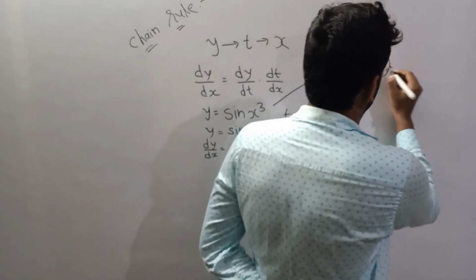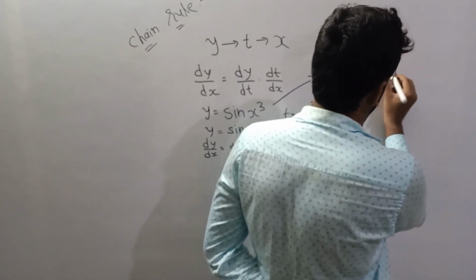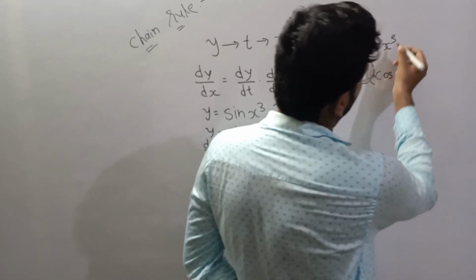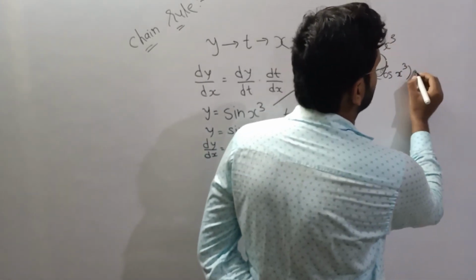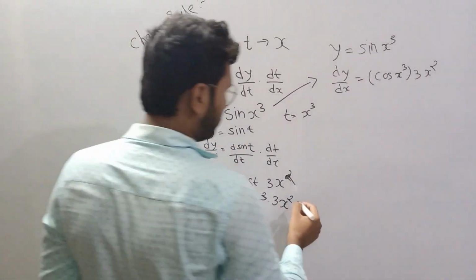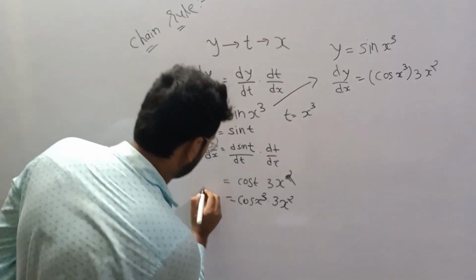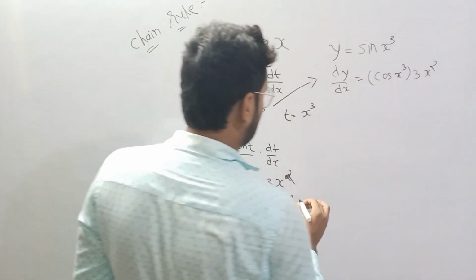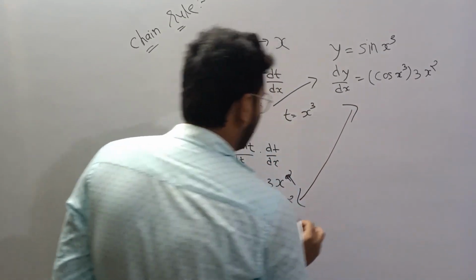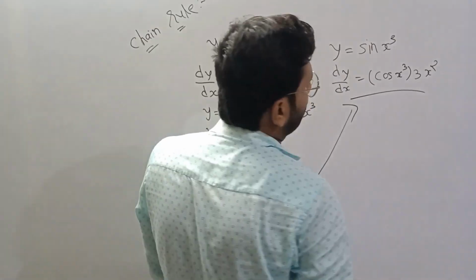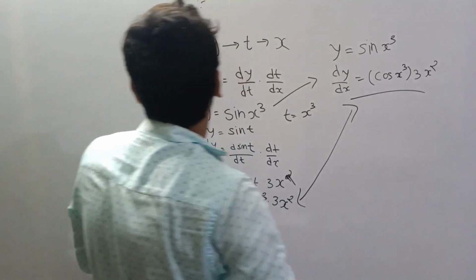The derivative of that will be cos x cube, now into the derivative of x cube, which is 3x squared. So the answer is the same in both cases, the derivative of y with respect to x. So this was the easy way to find the answer by chain rule.